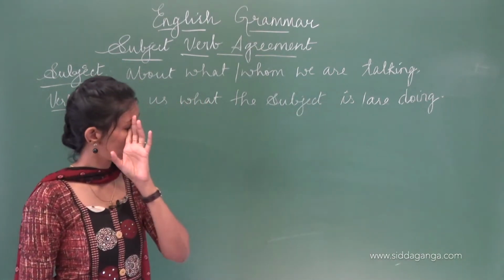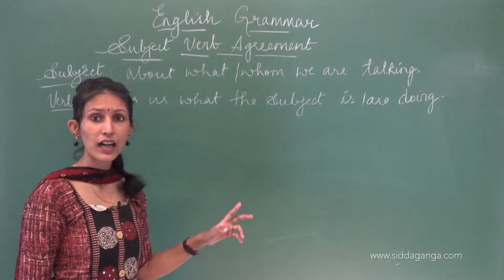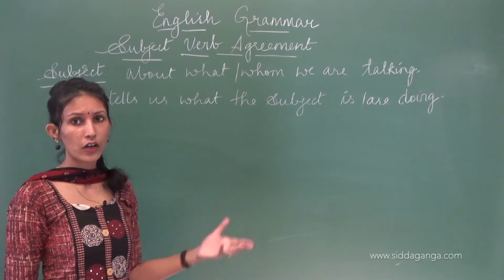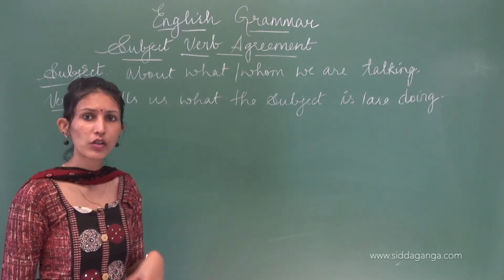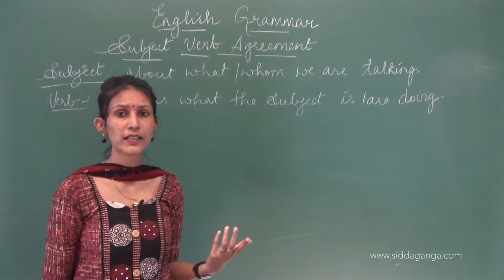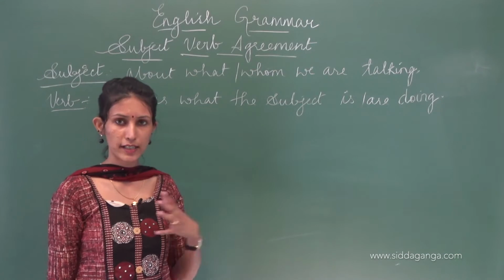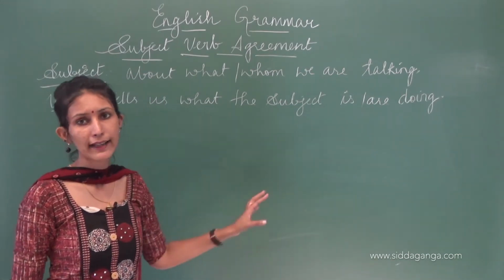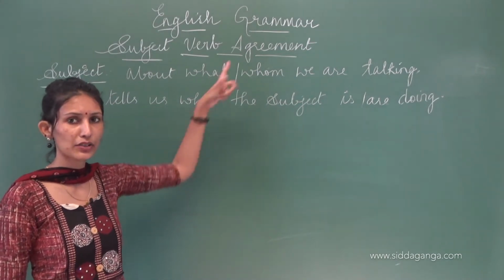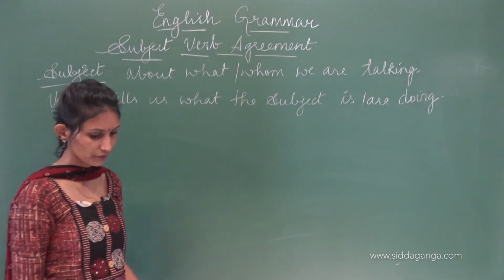Tells us what the subject is or are doing, singular or plural. If there is one subject, what that subject is doing alone. If there are many, what those many are doing. So subject is the person or the thing we are actually talking about, and the verb is the action of what the subject is doing.